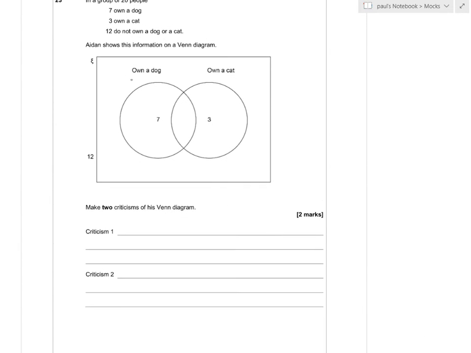23. In a group of 20 people, 7 own a dog and 3 own a cat. 12 do not own a dog or a cat. So they make 2 go. 12 outside. There's nothing in the middle.